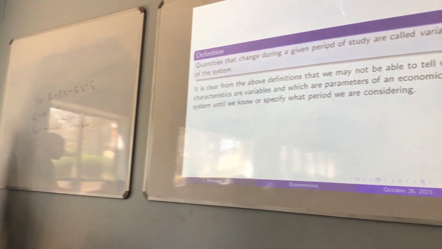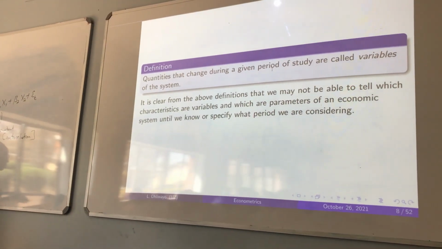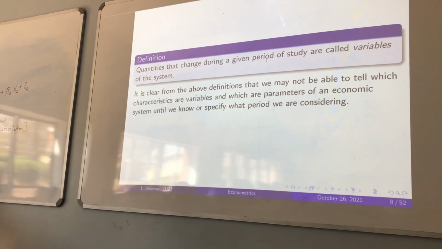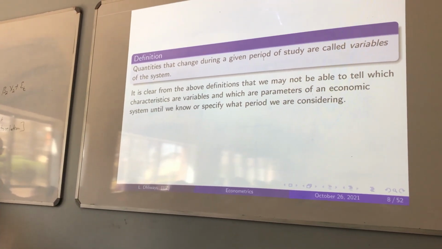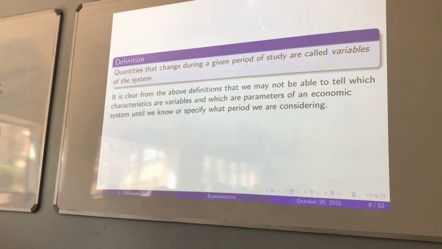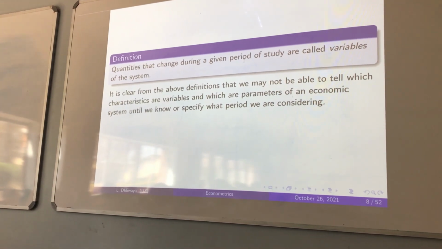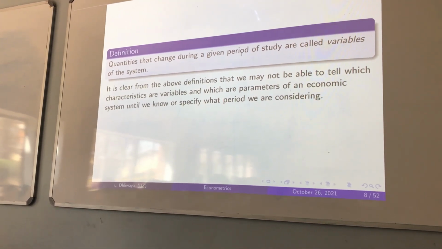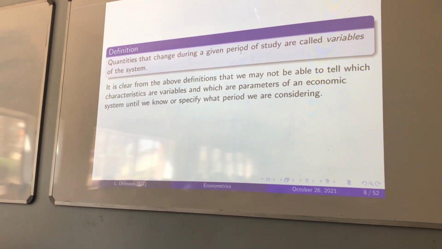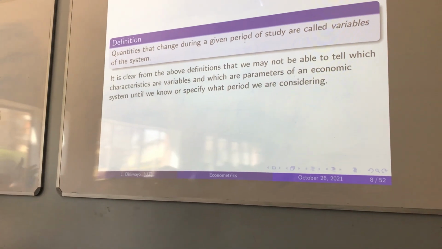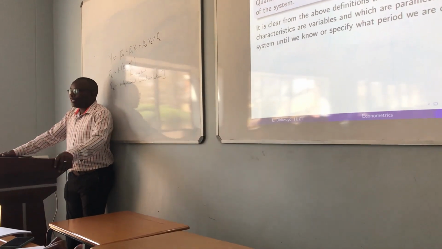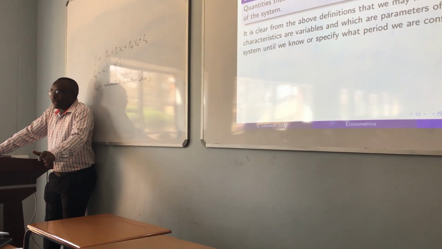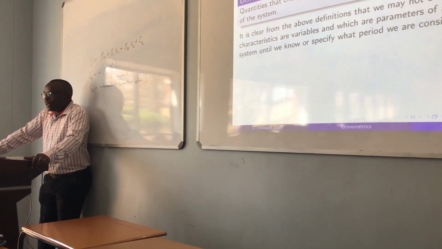Quantities that change during a given period of study are called variables. So we have the structure, and we now have the variables of this system. It is clear from the above that we may not be able to tell which characteristics are variables and which are parameters of the economic system until we know or specify what period we are concerned with. In this period, if you look at the Zimbabwe context, what do you think are variables?